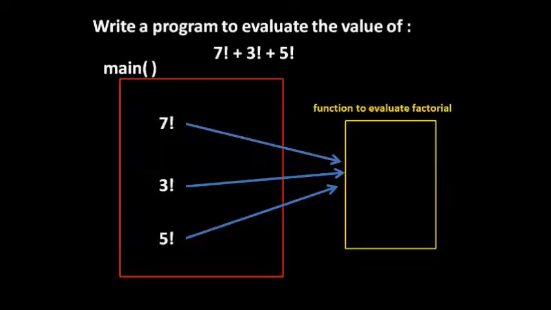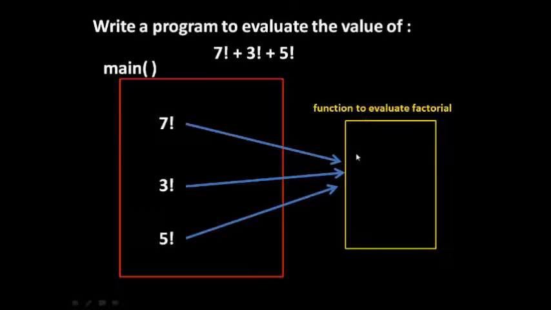So in this case, you have defined a function, and in that function you have written only once the set of instructions which evaluate the factorial of a given number. You don't need to write it three times. You have written it only one time, because you have defined a function, and that function can be called at many places within the main program.